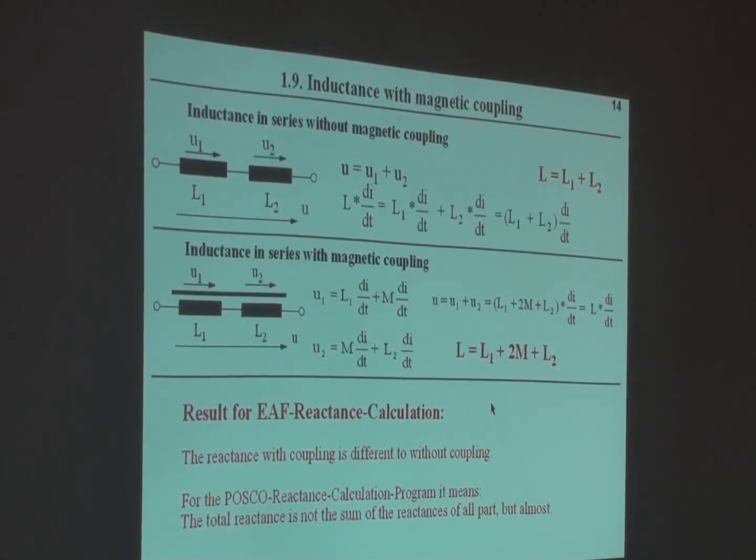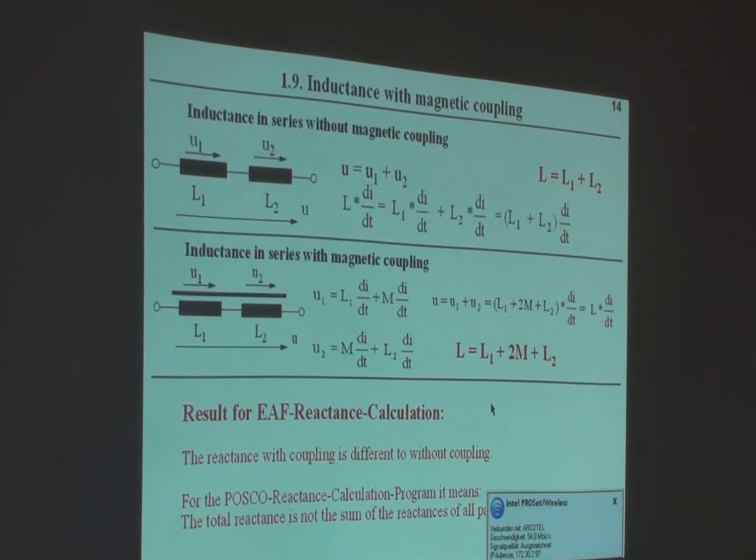In this case, without magnetic coupling, we can see this style of cable. There's also a coupling if you have two conductors in series. You have to calculate the self-inductance and the mutual inductance, and then you have to combine all the four.